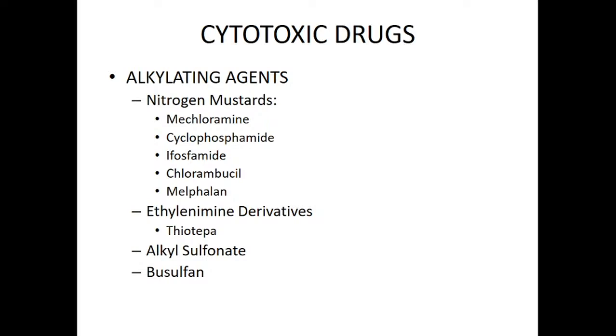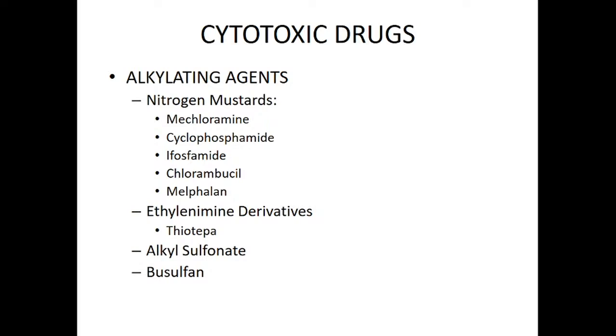These are important adverse effects of most cytotoxic drugs. And for each one of these drugs I will tell you what is the dose limiting toxicity. Of course, for mechlorethamine, it is also called meclorethamine. So you could have sensed that while I was telling mechlorethamine, sometimes I was telling meclorethamine.